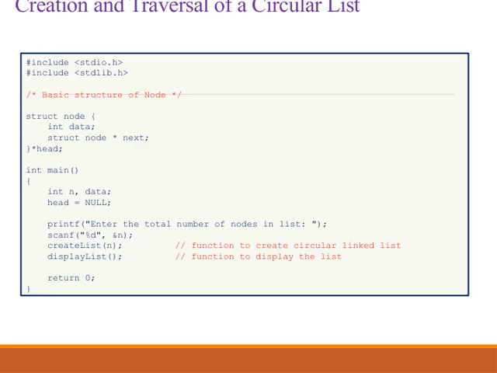The key takeaway here is understanding how the list is created and how traversal works in a circular structure, which is essential for many applications requiring continuous or cyclic data processing. This concept ties into the overall theme of understanding different types of linked lists and their practical uses.